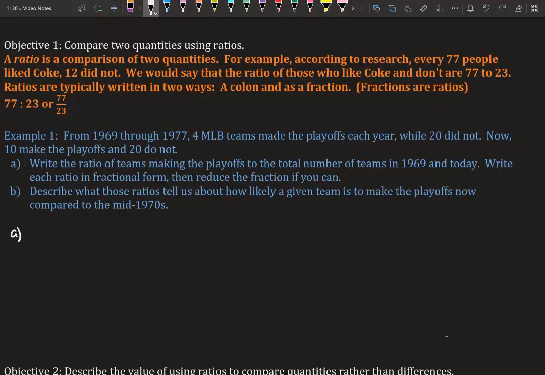Alright, let's pull out information. It told us that in 1969, 20 did not make it and 4 did. So what that means is that there's 24 teams and 4 made it.